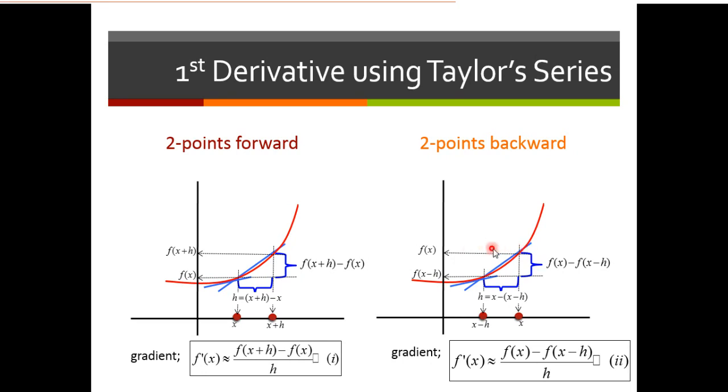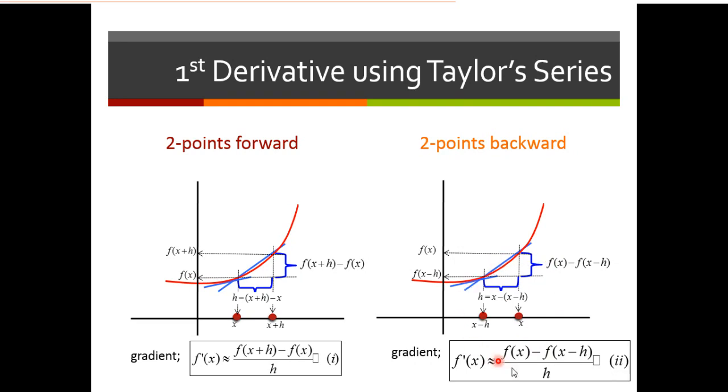Okay, in the backward formula, so you still have to find the value of the slope of the graph by finding the difference between the first point, which is represented by f(x), minus f(x-h), divided by the difference at x-axis, which is x minus (x-h).